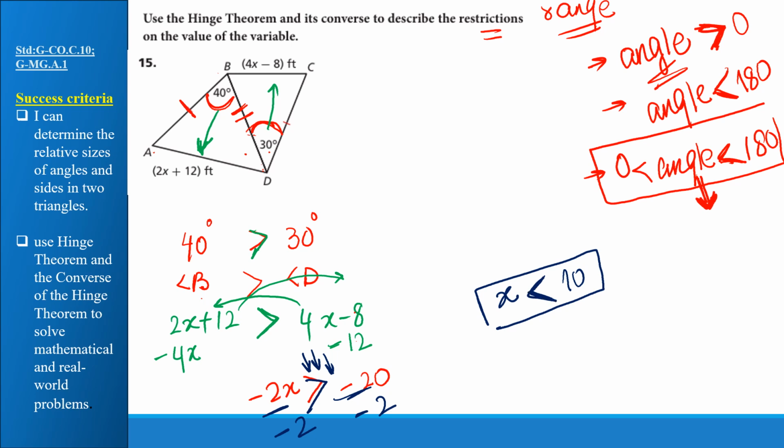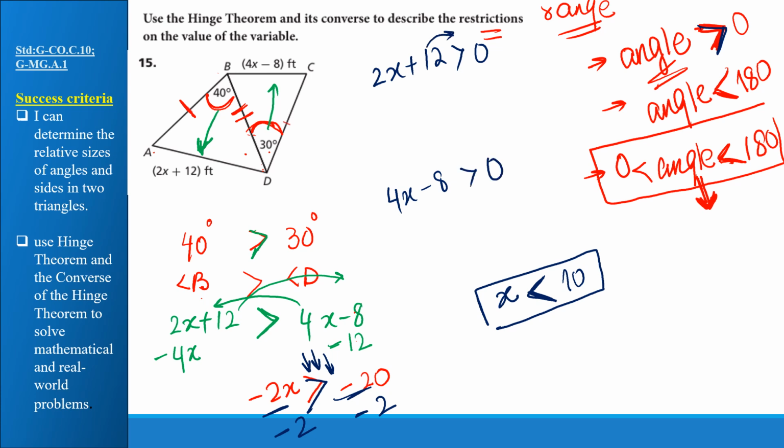So if one range is x less than 10, for the other range I have to say that x should be greater than 0. So I can say that 2x plus 12 should be greater than 0, or that 4x minus 8 should be greater than 0.